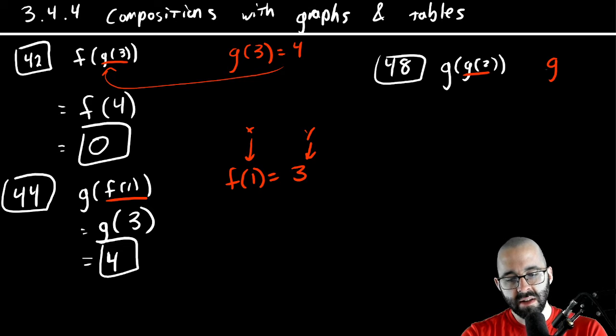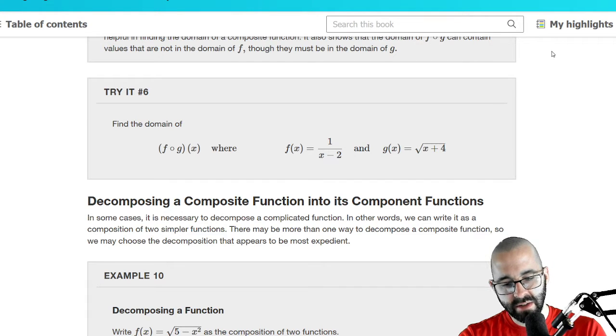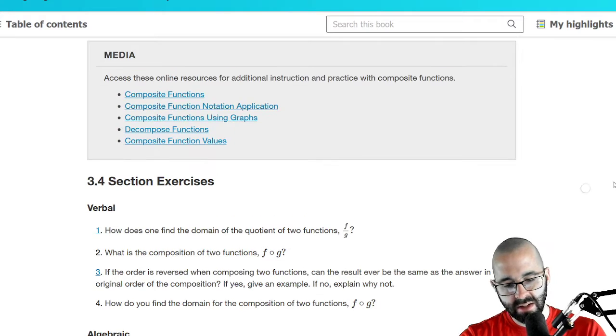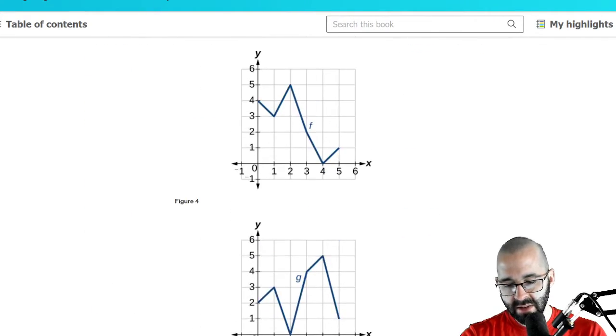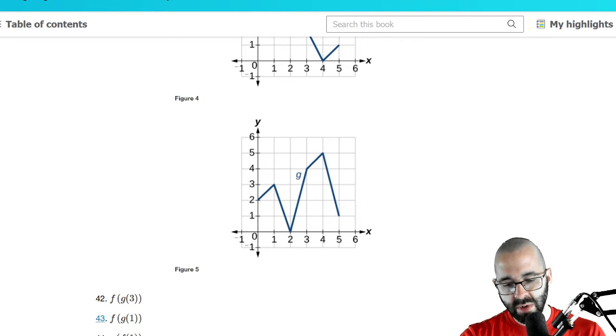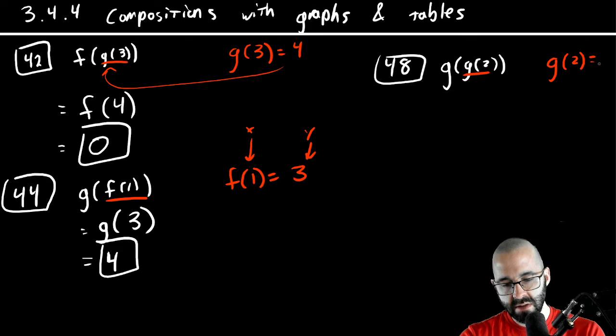Start with the inside. What's g of 2? When we're looking at g, an x coordinate of 2, what's the y coordinate? Okay, what is happening here? There's some weirdness happening with OpenStax today. Look at g, when x is 2, well, just like before, when x is 2, the y value is 0.